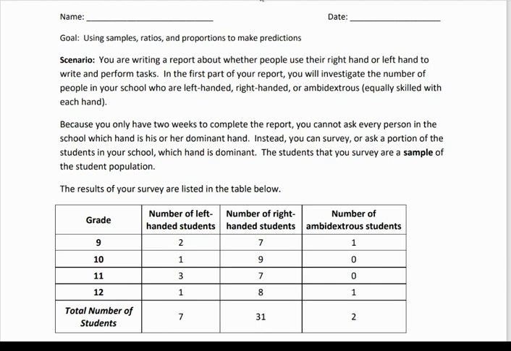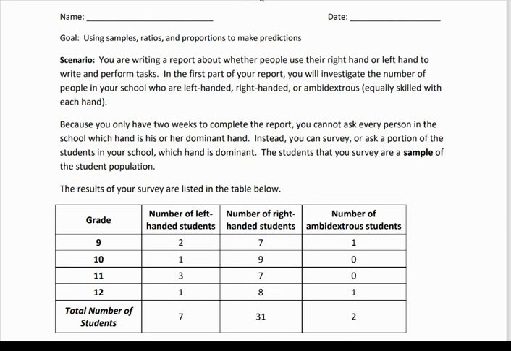No. But if you went to lunch and asked people, that is a good sample because you have ninth graders, 10th graders, 11th graders, 12th graders, boys, girls, people who love school, people who don't love school, people who are great at sports, not great at sports, right?